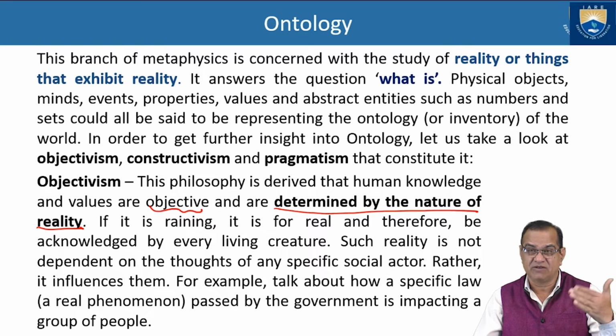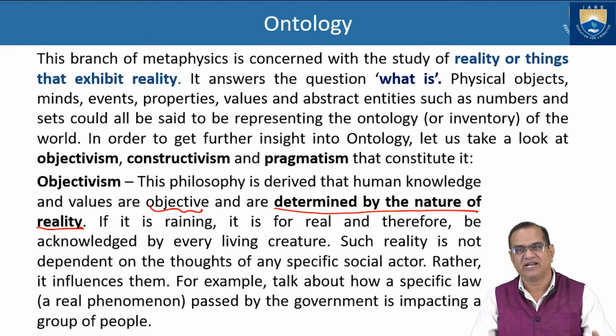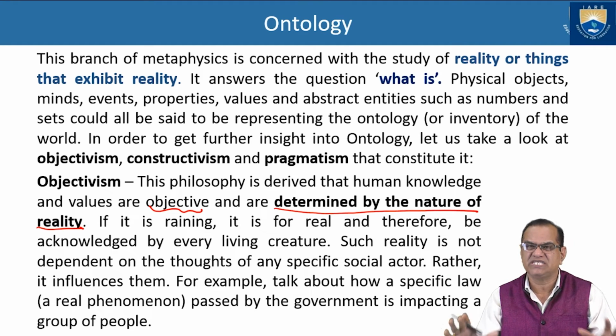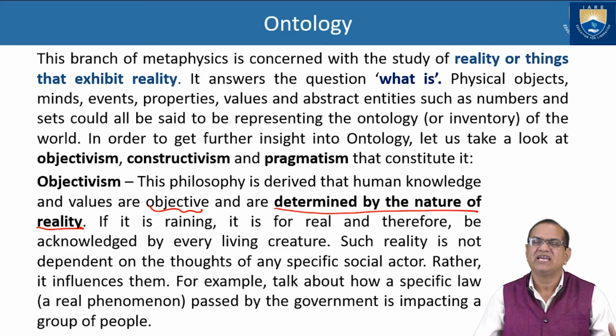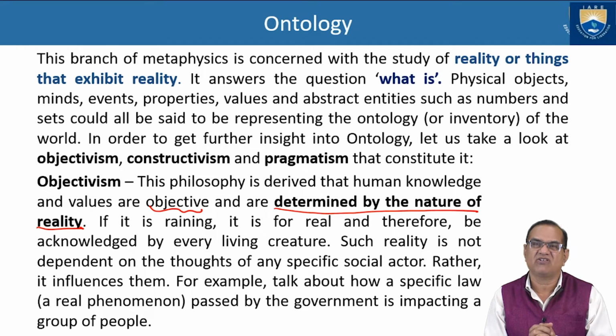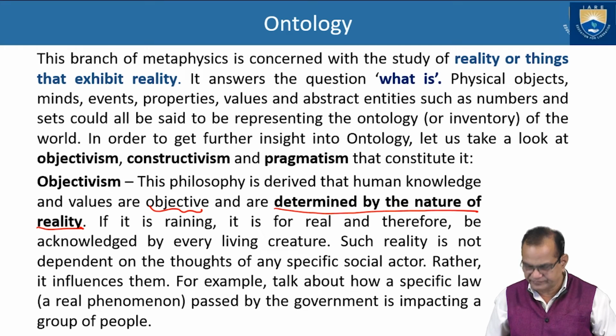Some are suffering from the rain also. So this type of research you can undertake, and these are real things which everyone can see and observe. So it is objective, and it is called objectivism. Everyone is affected by that, so we can do this type of research.